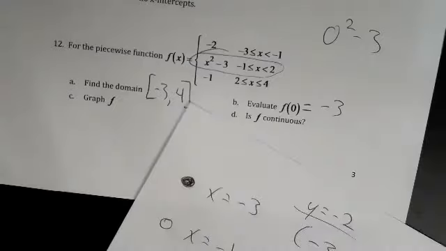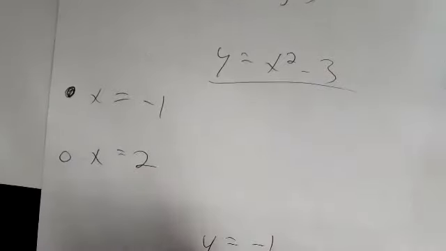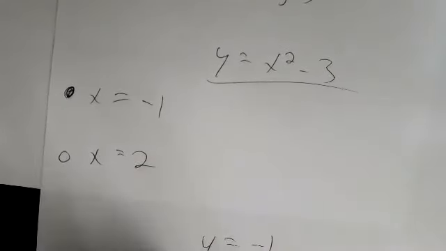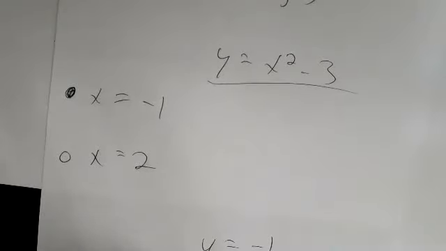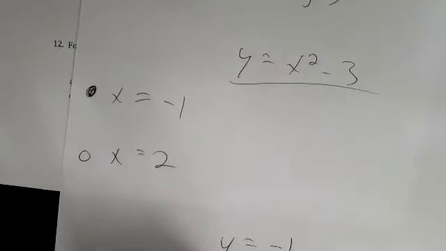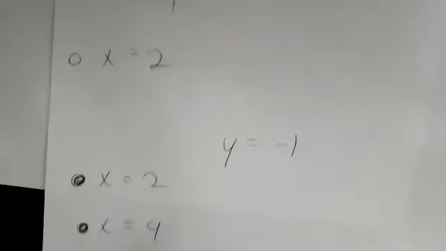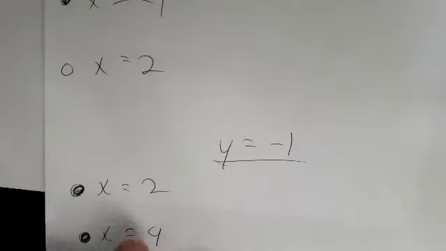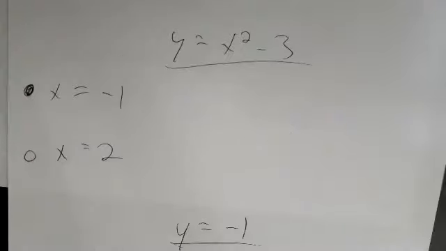And the last one is y equals -1. I want to know where x is 2, and where x is 4. This one is open, this one is solid. Sorry, solid and solid. If I get these points, these should be my endpoints. They should give me a pretty good idea of how my graph goes.